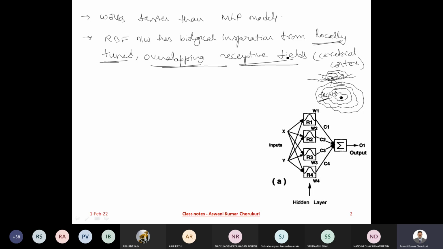So the RBF network follows a similar kind of analogy, and the network is designed accordingly. The entire working of the network goes like this.